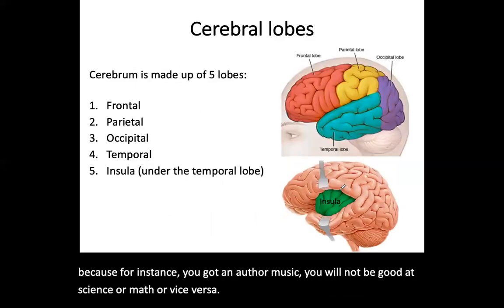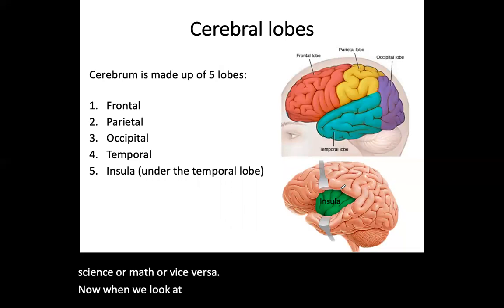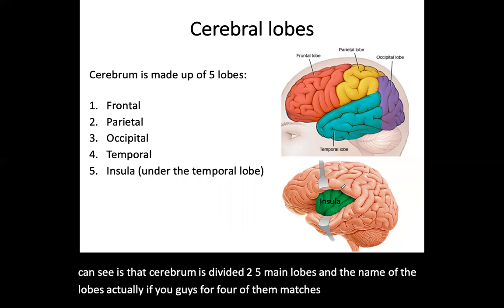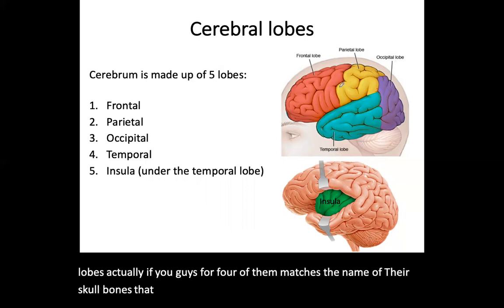Now, when we look at your cerebrum, one of the first things that we can see is that cerebrum is divided into 5 main lobes. The name of the lobes, actually, for 4 of them, matches the name of the skull bones that you learn in the skeletal system.